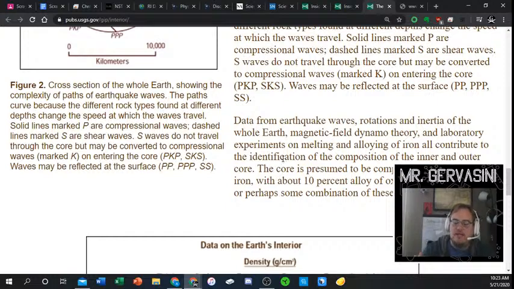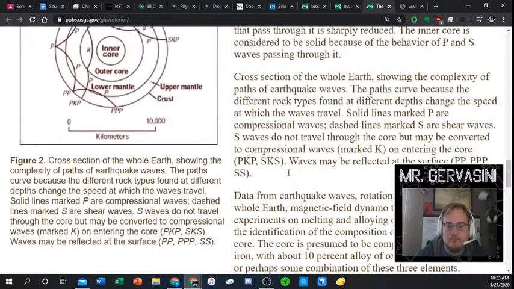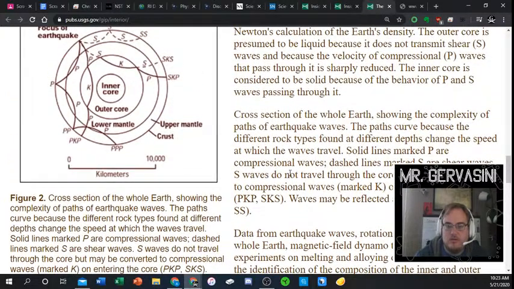The core, again, the two layers together, are presumed to be composed principally, so mostly, of iron, with about 10% alloy of oxygen or sulfur or nickel. So, a lot of iron. Like Randy's finding.